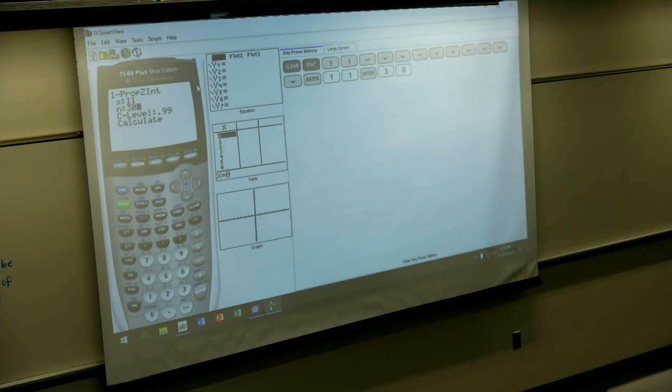What confidence level did we use? 0.95. Enter. Enter. Is that very close, after rounding? So what we have there is 0.19.